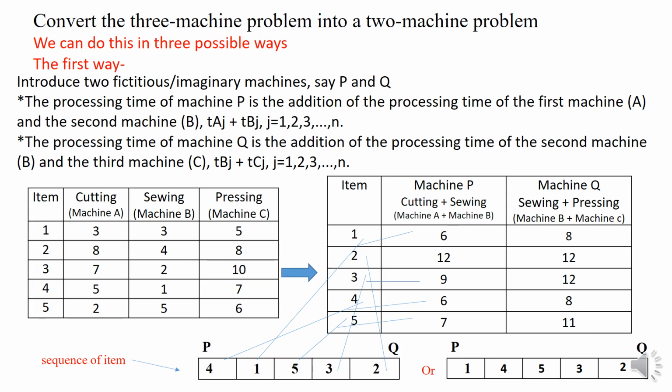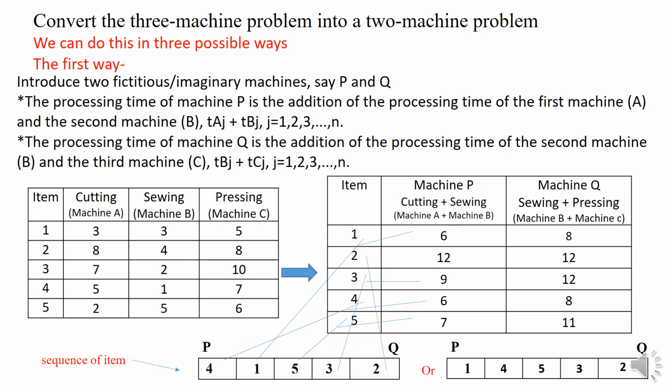See that in the table given here, machine P and machine Q are the imaginary or fictitious machines. For machine P, we add the cutting machine and sewing machine.